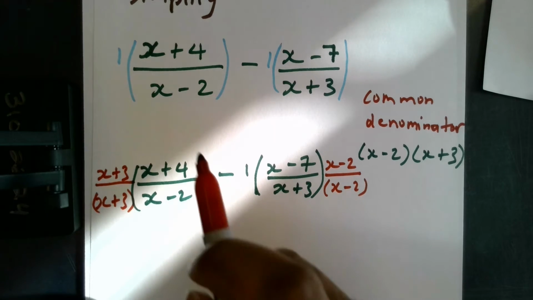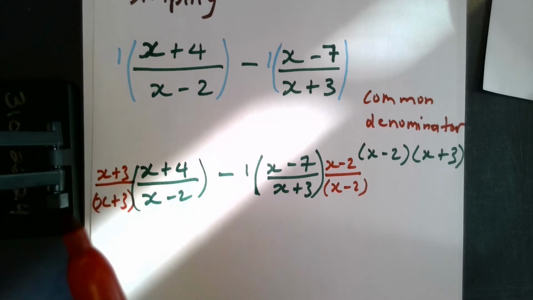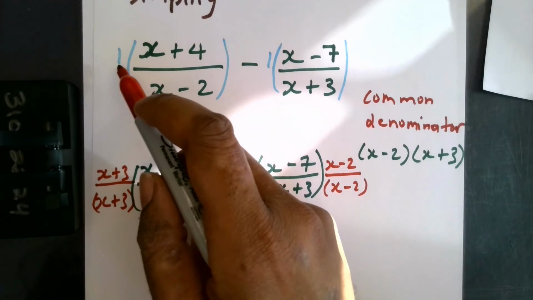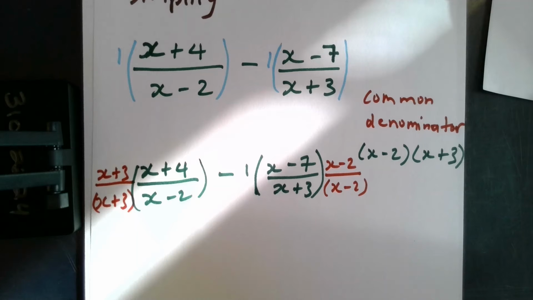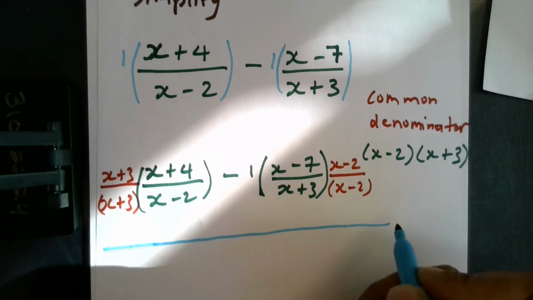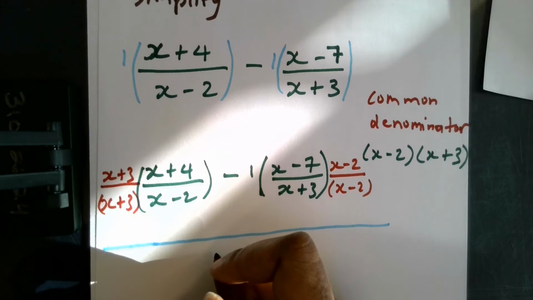Notice I have a 1 here, I no longer have a 1 here, because as I said in the previous video, anything I multiply by 1 would give me the same thing, which is x plus 4 over x take away 2. Now, we have a common denominator, which means that we can keep it.